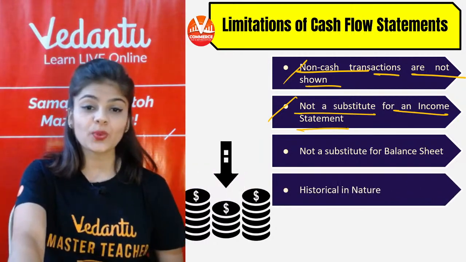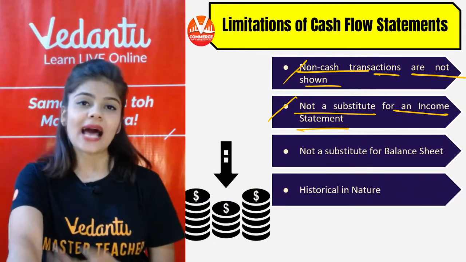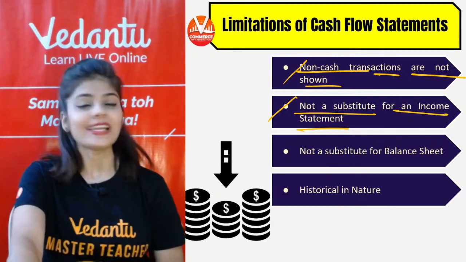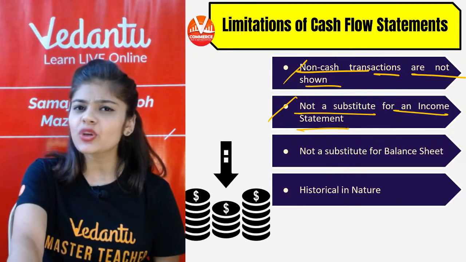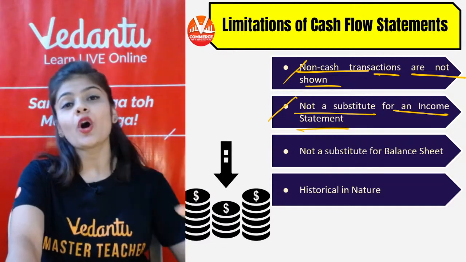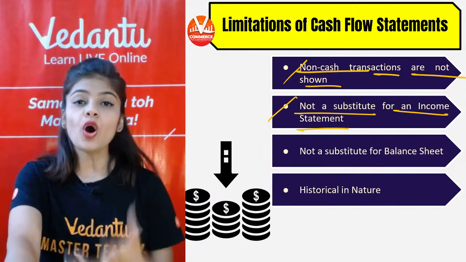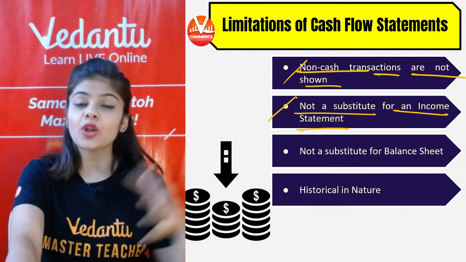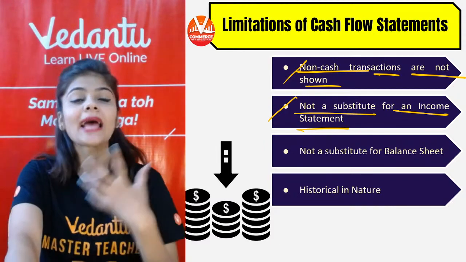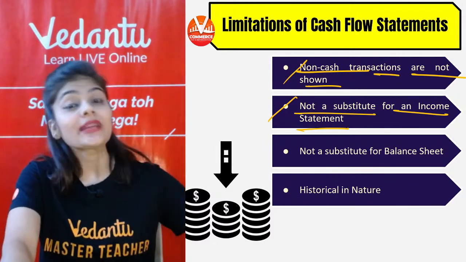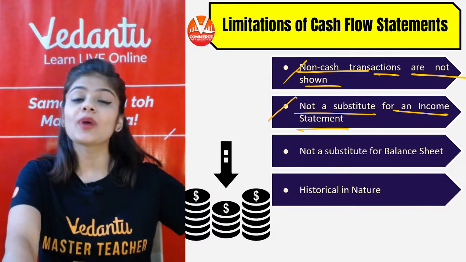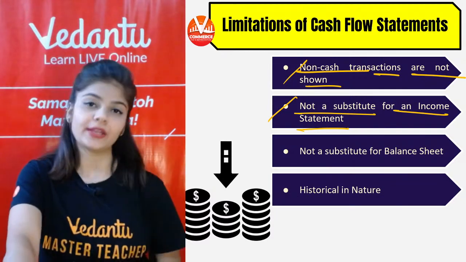The second last is that it is historical in nature. Why? Because you are recording all the old values, all the book value. So cash flow statement is prepared on the basis of book value. Therefore, it is historical in nature as you are recording old book value.